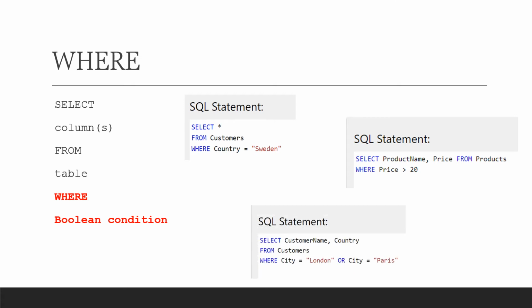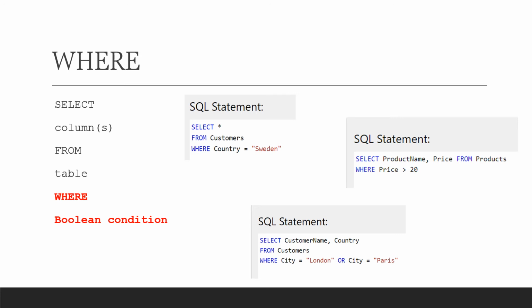And finally, we can combine Boolean conditions using and, or, and not, just as we've learned to do in Python. Remember that you need to give the complete test on either side of the Boolean operator. So where city equals London or city equals Paris. You wouldn't say where city equals London or Paris, because it just wouldn't understand that.